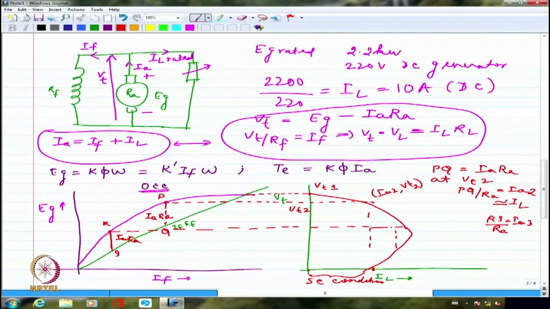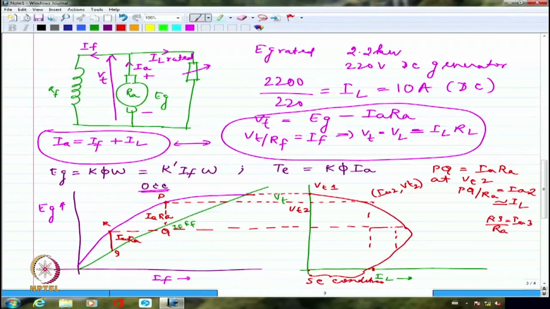In a transformer we said, if we short circuit, we are going to get 40 times, maybe 30 times the rated current. That cannot happen in a self-excited generator because the field current also depends upon the terminal voltage. The moment I short circuit the generator, the terminal voltage will become 0. Because the terminal voltage becomes 0, I am going to have the current limited by the fact that the field current itself has now become 0.